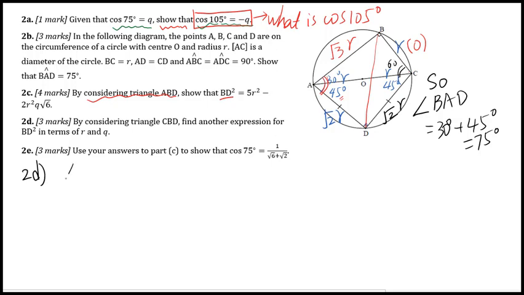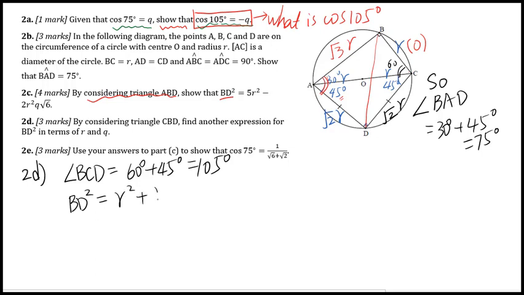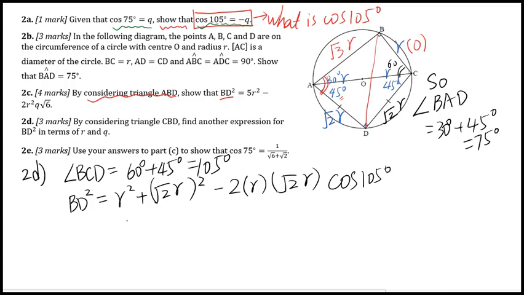Therefore, for angle BCD, that equals 60 degrees plus 45 degrees equals 105 degrees. Therefore, BD squared equals BC squared, R squared, plus square root of 2R squared, then minus 2 times R times the square root of 2R times cosine 105 degrees.